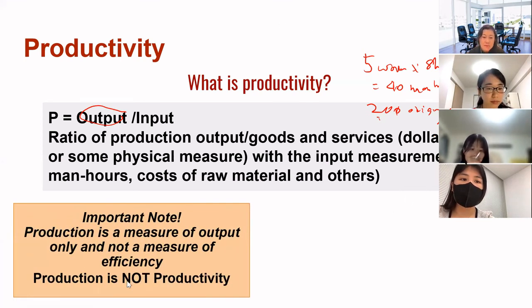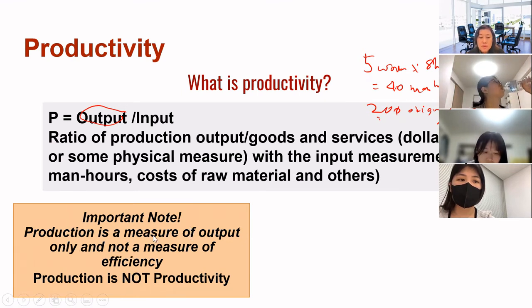Now, before we go further, I want to highlight an important note. Production is a measure of output only. It is not a measure of efficiency. So production is not productivity. Understand?